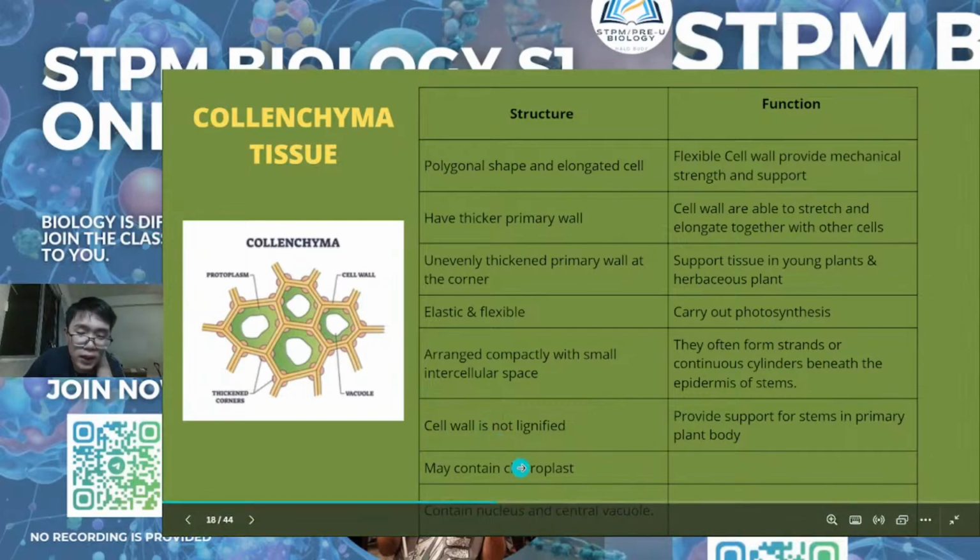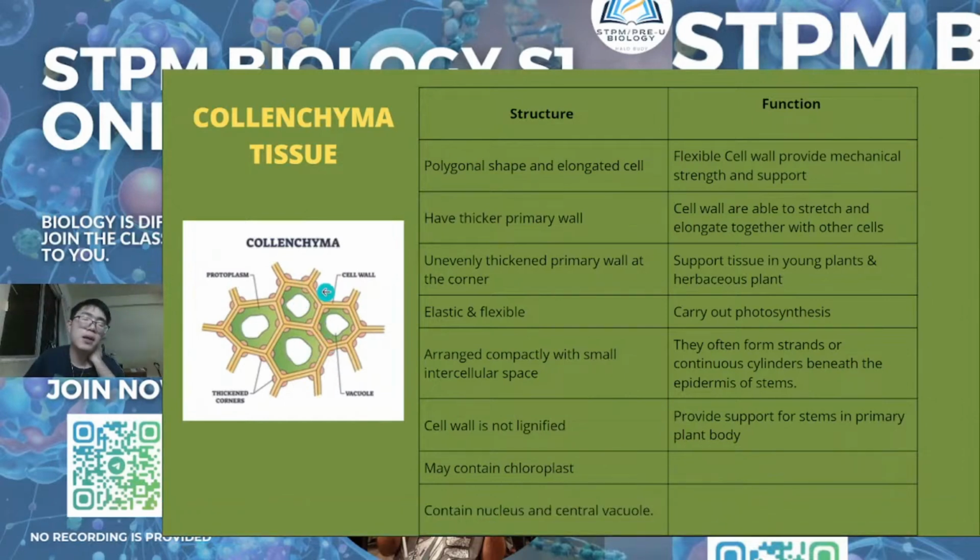It also contains chloroplast, nucleus and central vacuole. So the most difference from the parenchyma cell is that the cell wall is very thick, elastic and flexible, and the vacuole is not very big anymore, and the cells are tightly compact to each other compared to parenchyma.